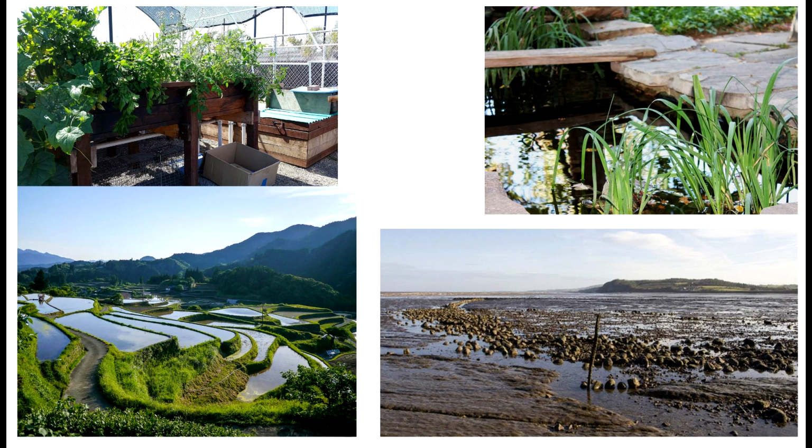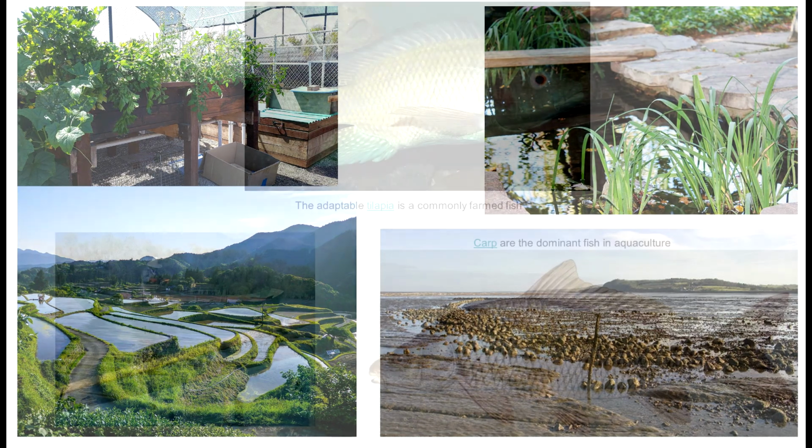So if you have a closed system like an aquaponics system, you have more say in what's happening, but wading birds and others will actually bring in minnows and other species. So your open ponds will have all kinds of surprises for you as time goes on.